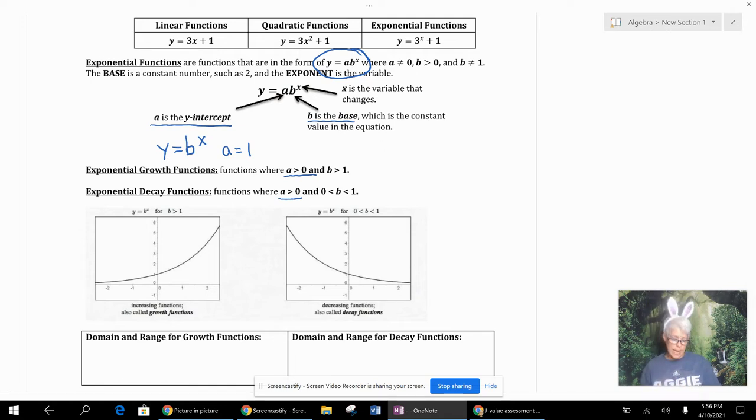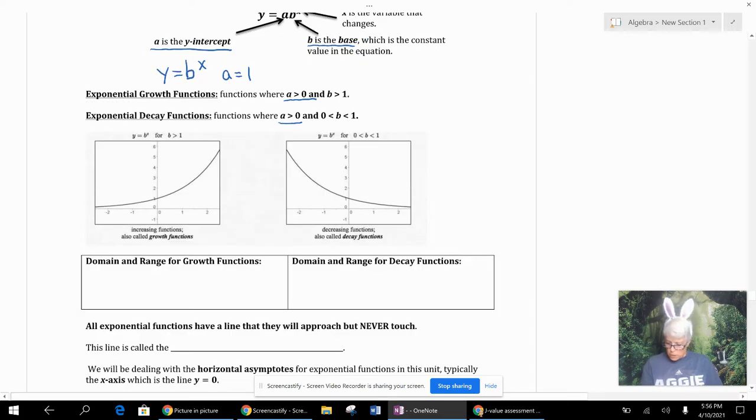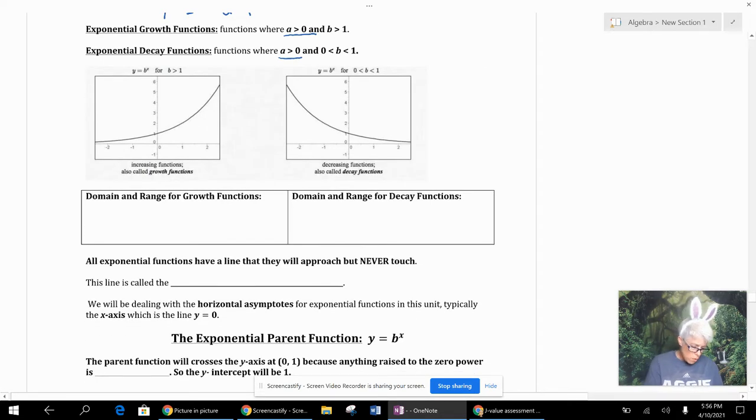We call that decay. So for both of them, the domain, seeing as we won't necessarily put restraints on anything, is all real numbers. And the range is going to be y is always greater than 0.